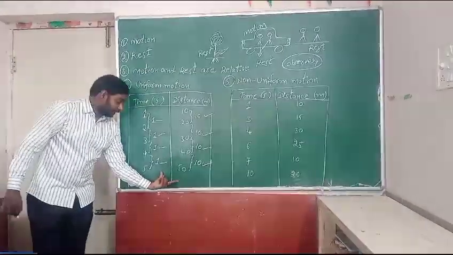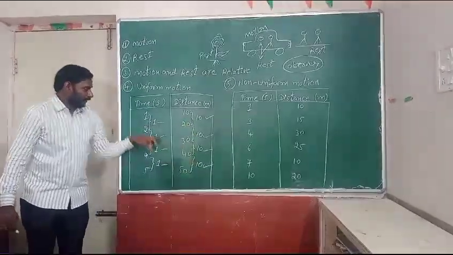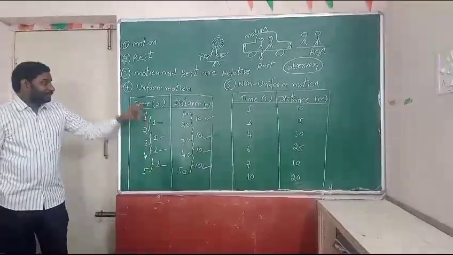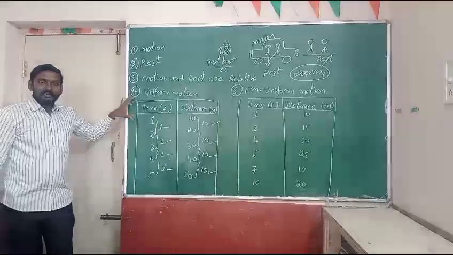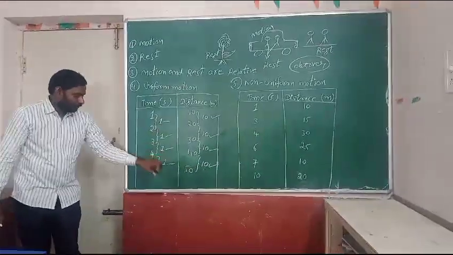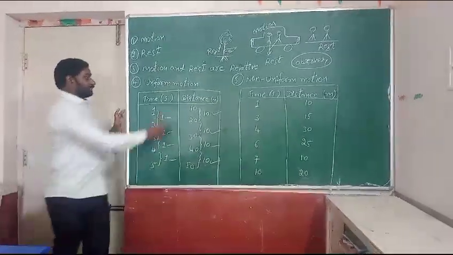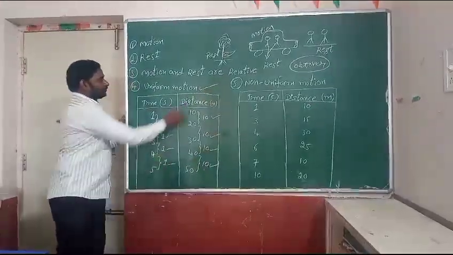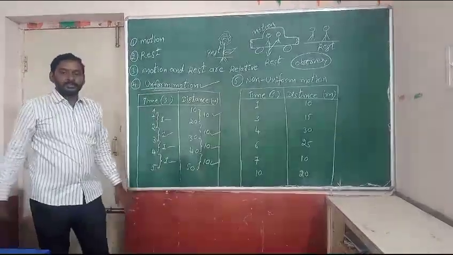The distances are equal and the time is also equal, so the object travels equal distances in equal intervals of time. Then the object is in uniform motion. That is uniform motion.